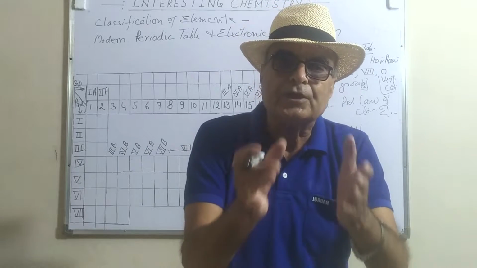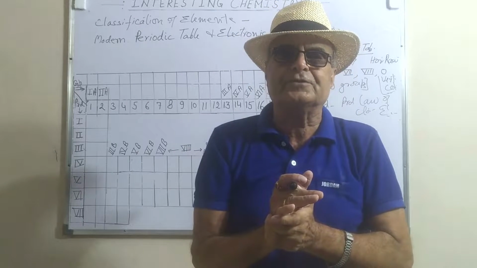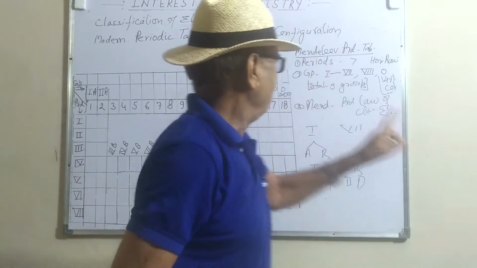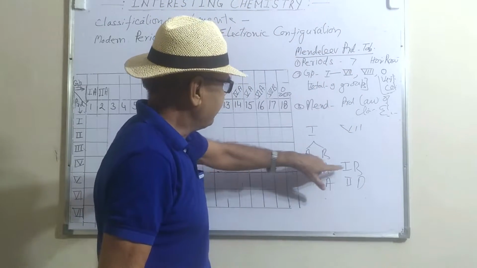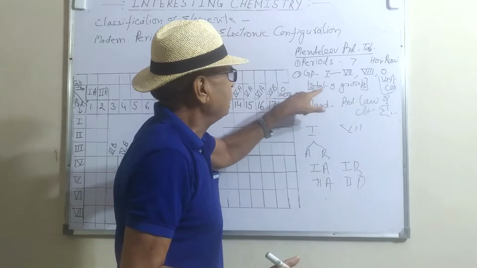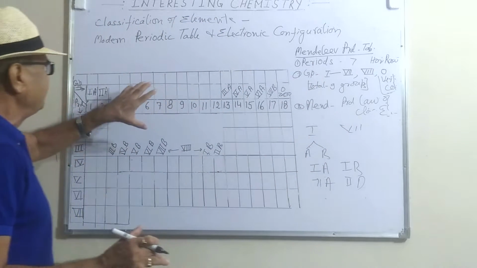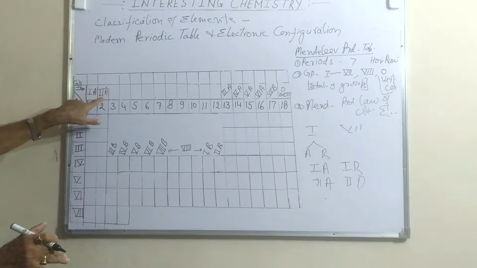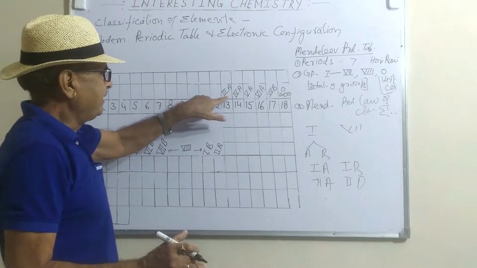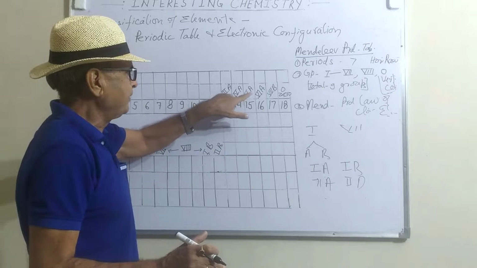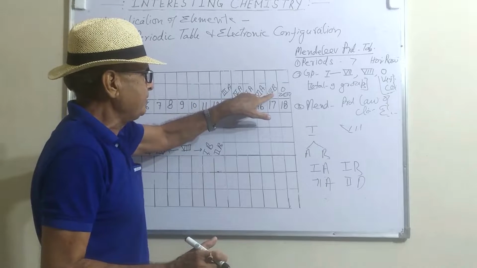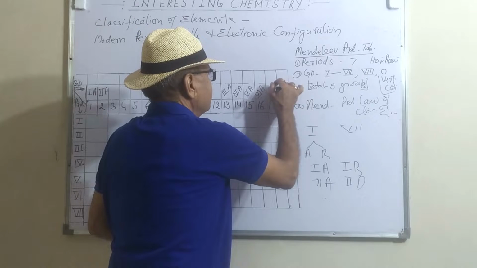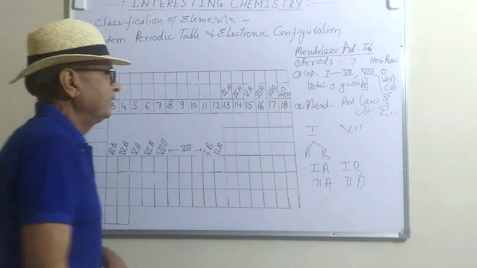Thus, there will be 14 columns. Groups 1 to 7 divided into A and B make these 14 columns, which I have shown in this periodic table. This is first A, second A, third A, fourth A, fifth A, sixth A, and seventh A. This one is 7A.